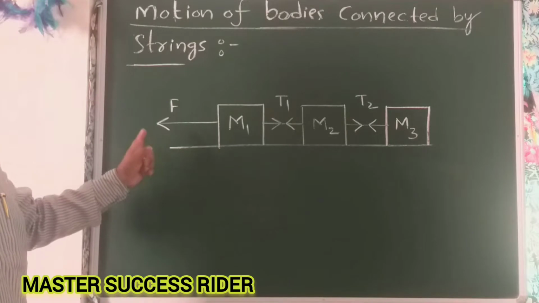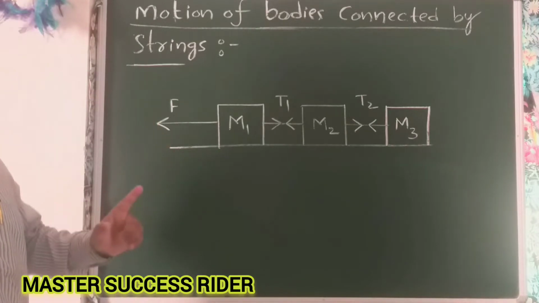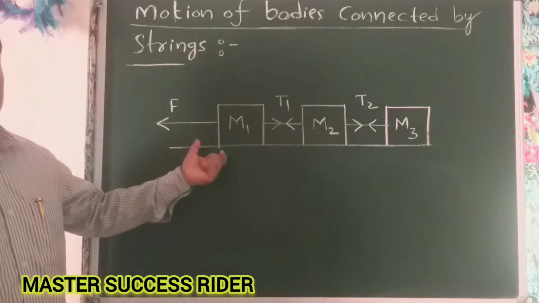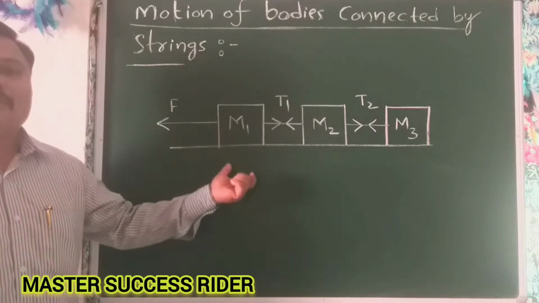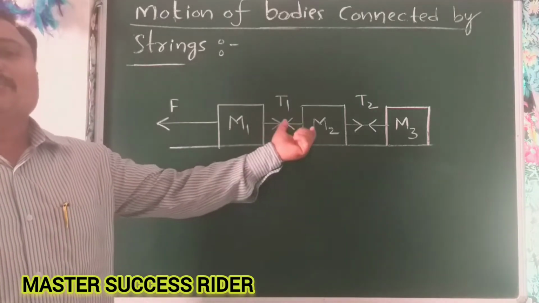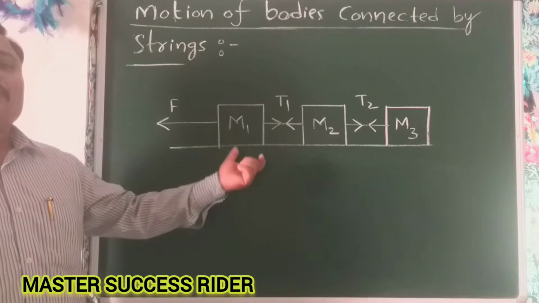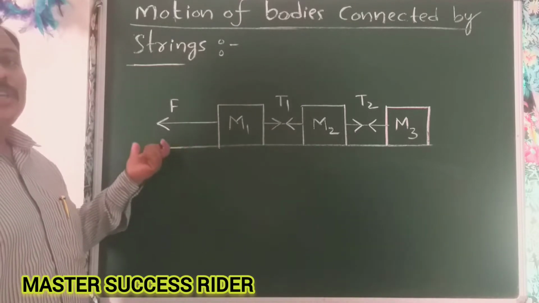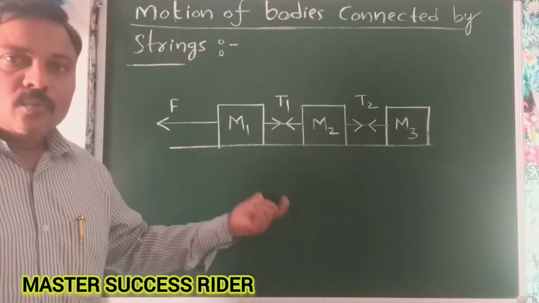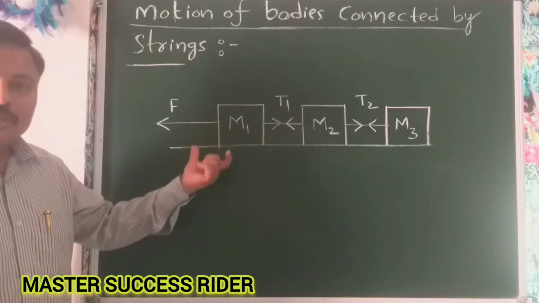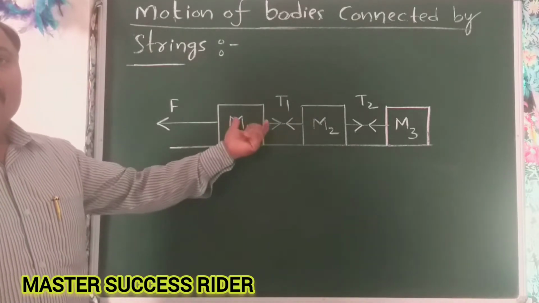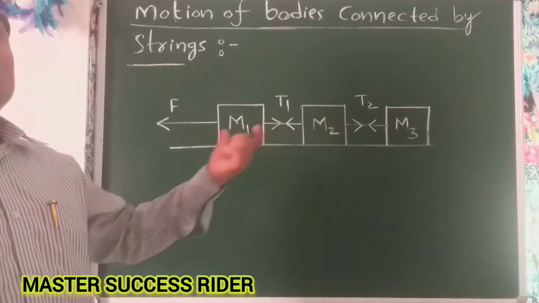F is the applied force for the system. The applied force F directly acts on mass M1. The remaining two masses are affected by applied force F only indirectly. We want to calculate the acceleration of the system, and the tensions T1 and T2 in the strings.